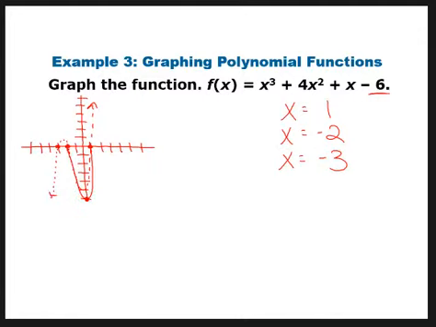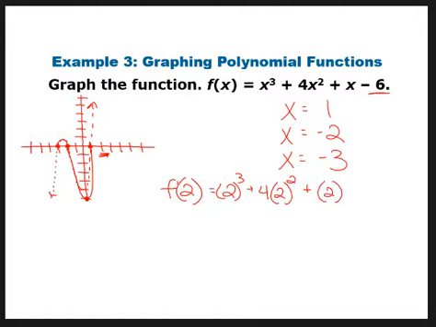Okay, so now I'd want to pick some other values, and right here, because these two are right next to each other, you can't assume that it's going to go a whole lot higher, so we could probably fill that in. Okay, and over here, maybe we'd want to pick one value to the right of that, so maybe we pick f of 2, and see what happens. We do that. 2 to the third plus 4 times 2 squared plus 2 minus 6.